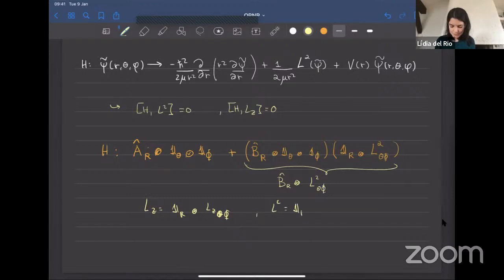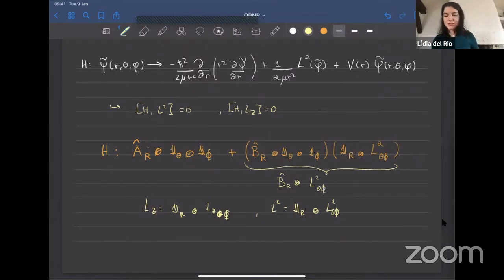Nothing happens on R, but something happens on theta and phi. And from here, you can see already that they commute. But in practice, people just look at it and say, oh, it doesn't depend on the angle, so they commute.